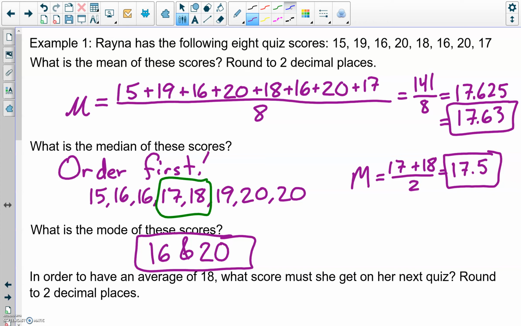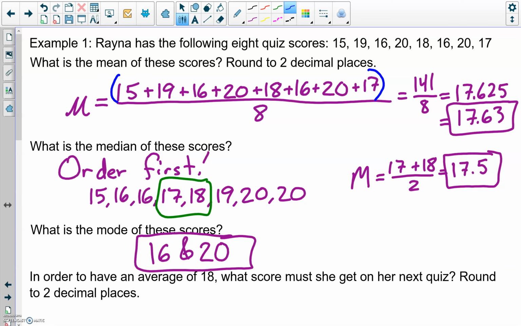Now, one thing to keep in mind with the mean: if you're adding these up in your calculator, typing all the numbers in and then dividing by 8, it's going to add up 15, 19, 16, all the way to 20, and then just add 17 over 8. You're going to get some crazy number that's not the right mean.